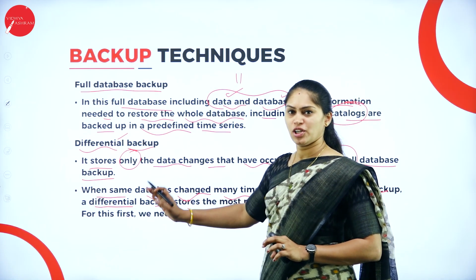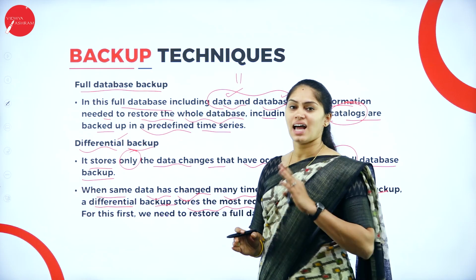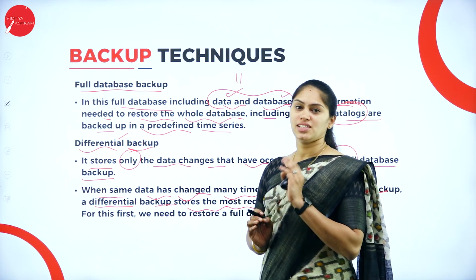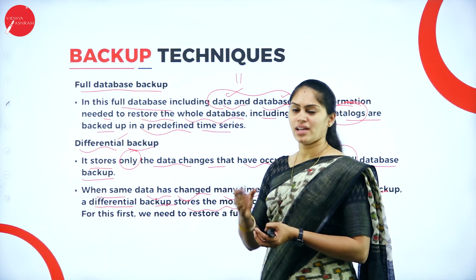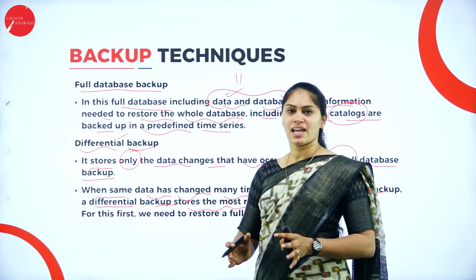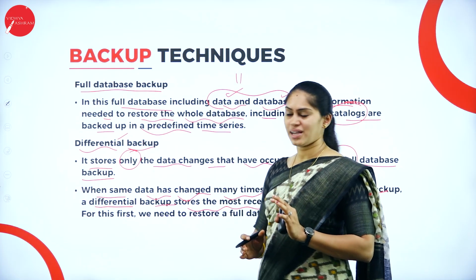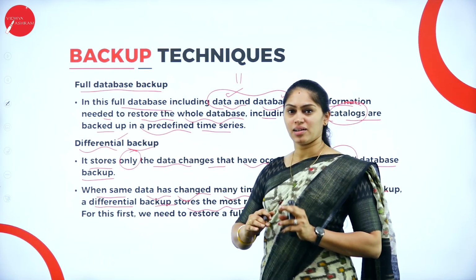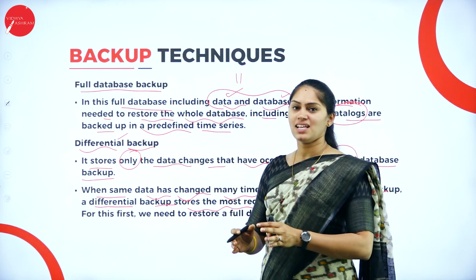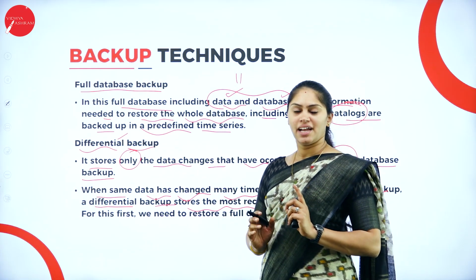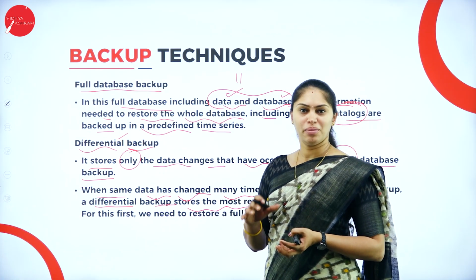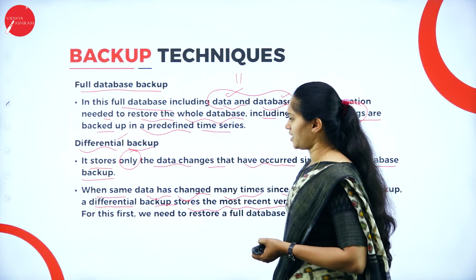It takes care only of the last change which occurred after the backup. So whenever I make 10 changes to the same data item, the differential backup does not consider each one; only the 10th one, the last change made to the data item, will be recovered from this differential backup.